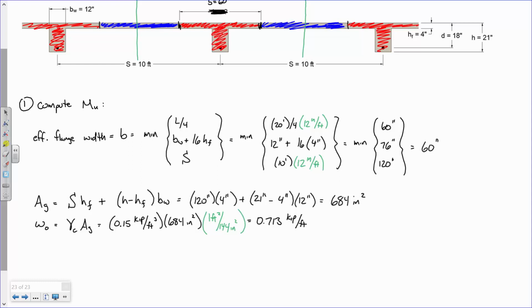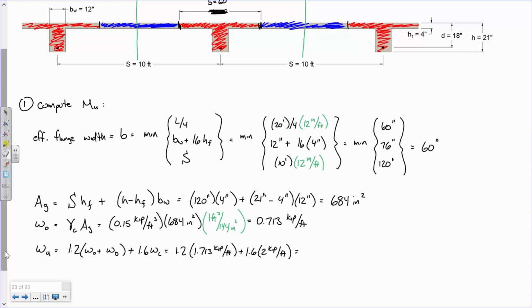Okay. So then our factored load is 1.2 W naught plus WD plus 1.6 times WL. What was our dead load, the superimposed dead load? It was 1? So that's 1.713 kip per foot plus 1.6 times 2 kip per foot.